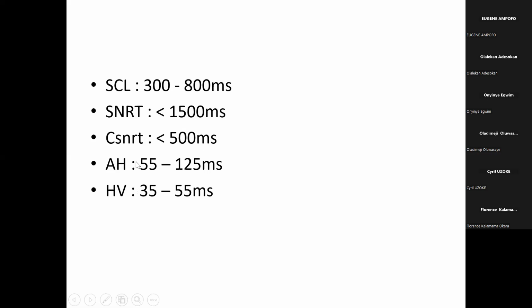Now, the next guy is the property of the AV node. The AV node would have its own properties.